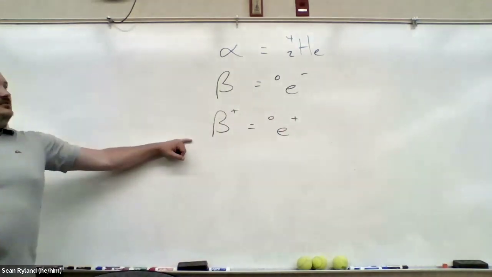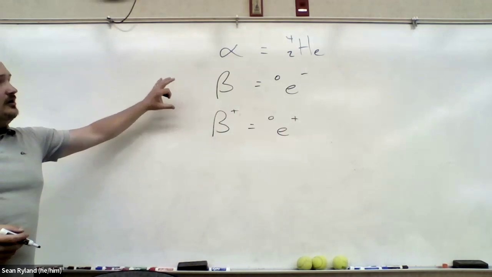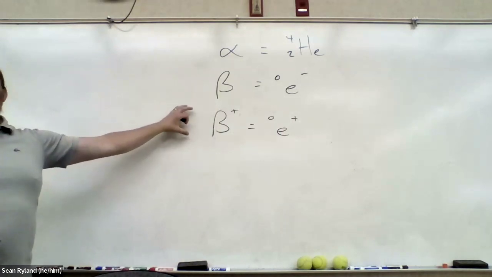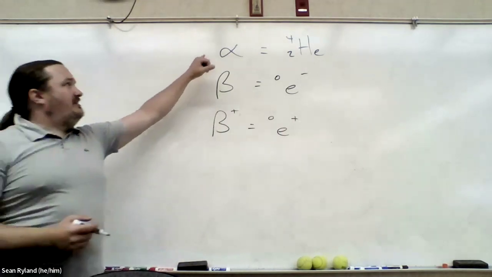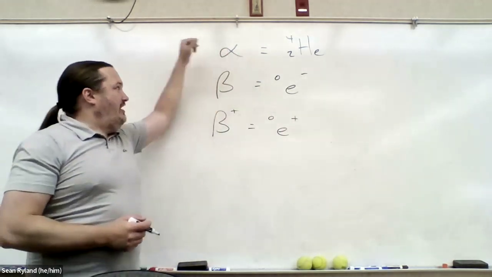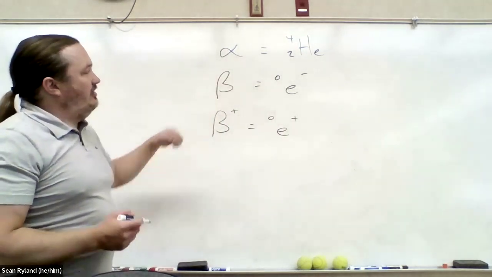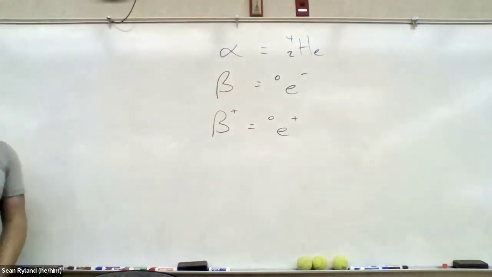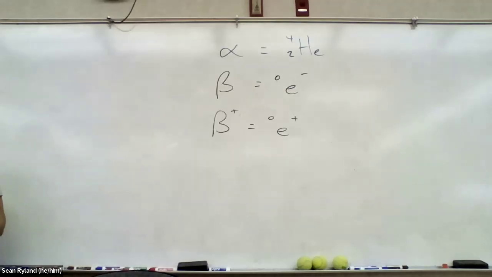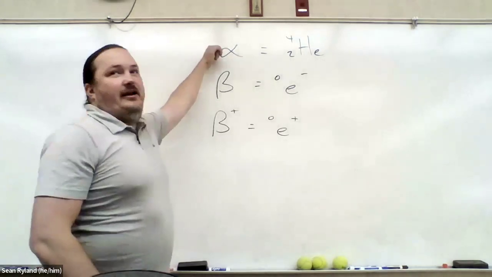Both of these are the same size, right? They're both charged. They can both cause damage, but really it's the alpha particles that are the heaviest. If you think of the electrons being like a bullet going into your cells to break stuff up, this is like a cannonball.